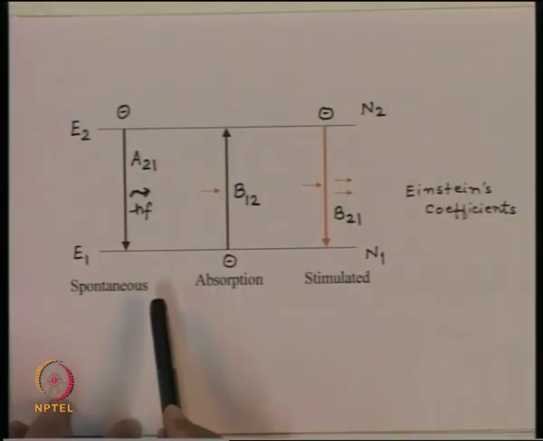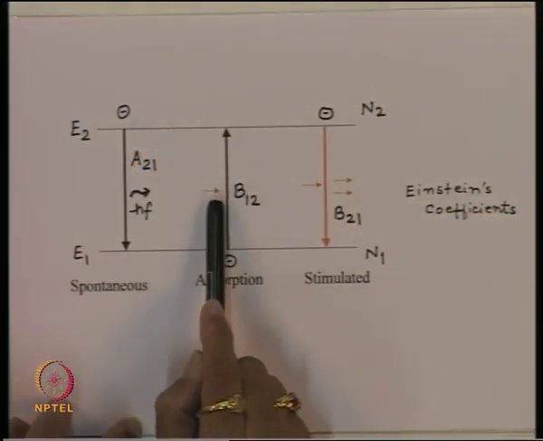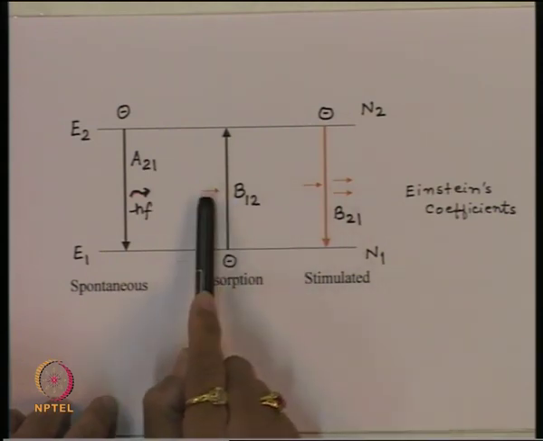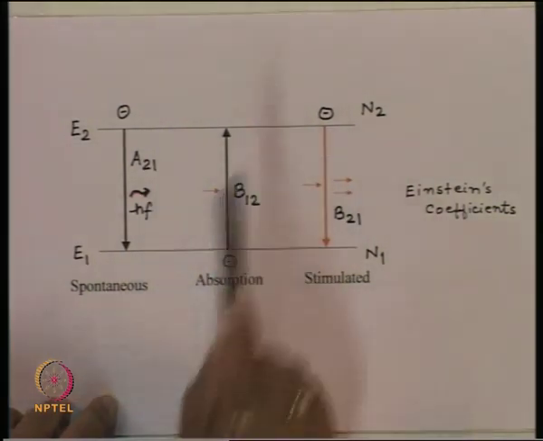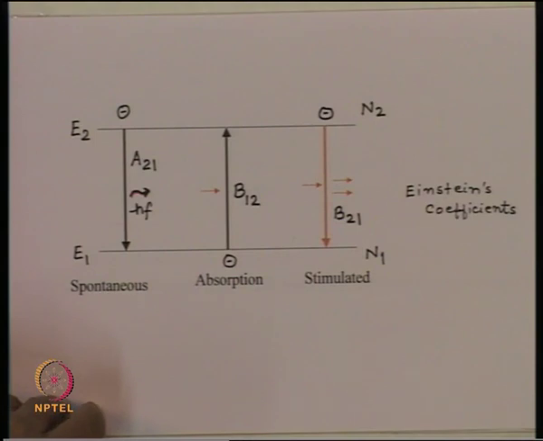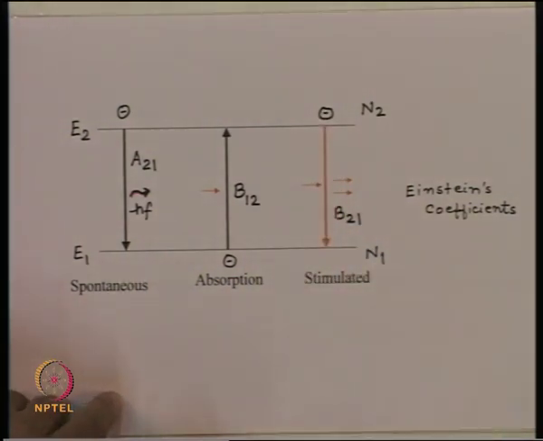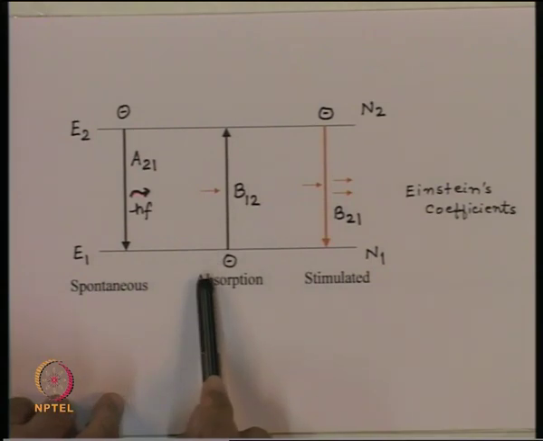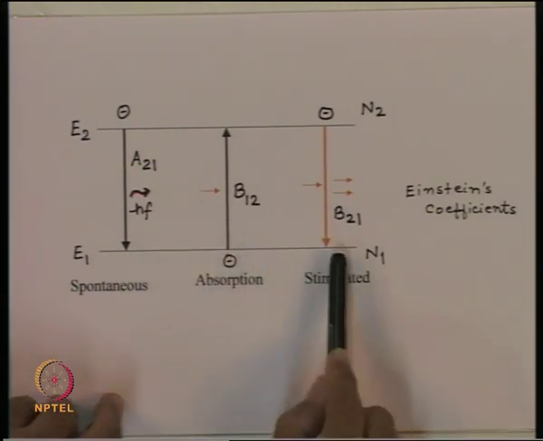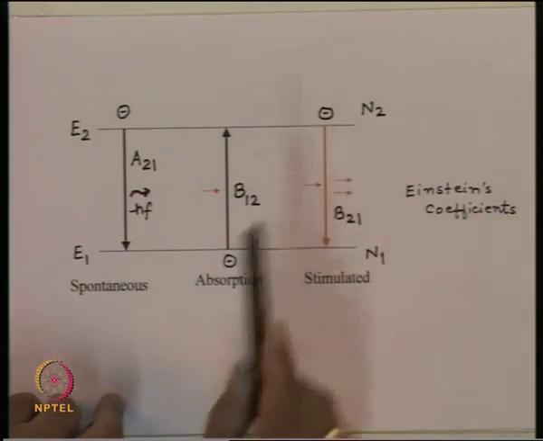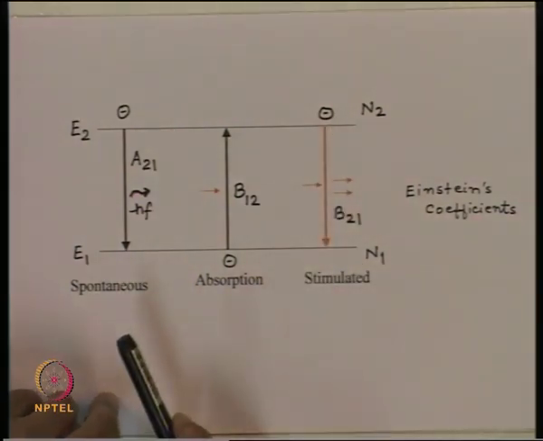That means for taking the electron from here to here, I must supply a photon which has exactly the energy equal to the difference of these two energies. Now, if the energy is exactly the same as this difference, that means the frequency of the photon which is to be supplied for transporting electrons from this level to this level is the same as what photon we essentially want to generate by the stimulated emission.